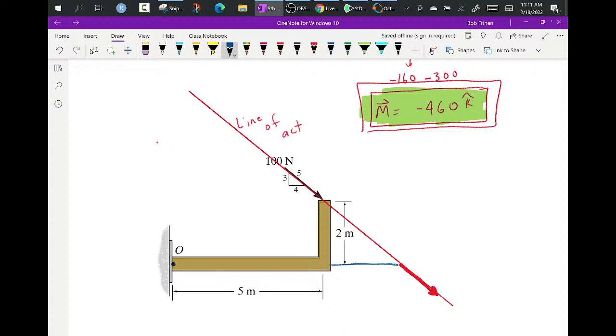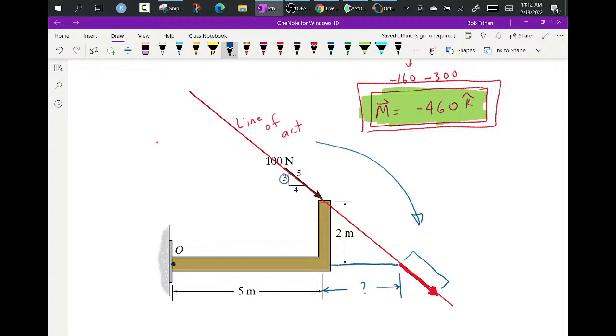I'm going to move this along its line of action, and then I'm just going to arbitrarily move it down here. First question is, how far? So the question I'm basically saying is, how far is this? If I'm moving it along the line of action, I moved it down 2.